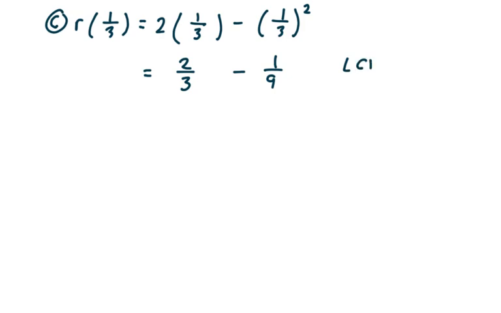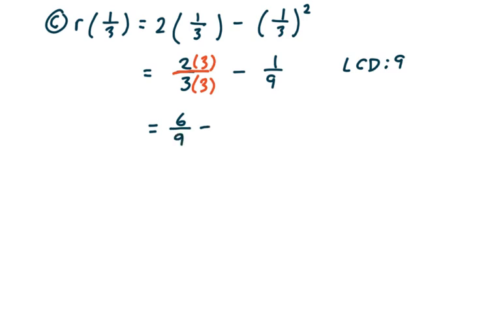But isn't the LCD between 3 and 9, 9? And so what I want to do is build 2/3 up to have a 9 in the bottom, which means I have to multiply the numerator and denominator by 3. Because 3 over 3 is 1. Anytime you multiply by 1, the number doesn't change.